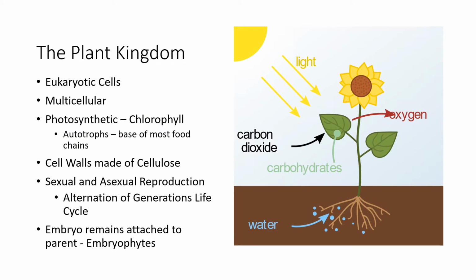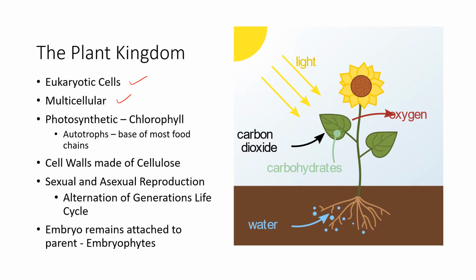So if we look at the plant kingdom as a whole, what characteristics make these things plants? Well, we know that they're eukaryotic organisms, but they're not the only organisms that are eukaryotic. We know that they're multicellular, so we don't have single-celled plants, but they're not the only organisms that are multicellular.